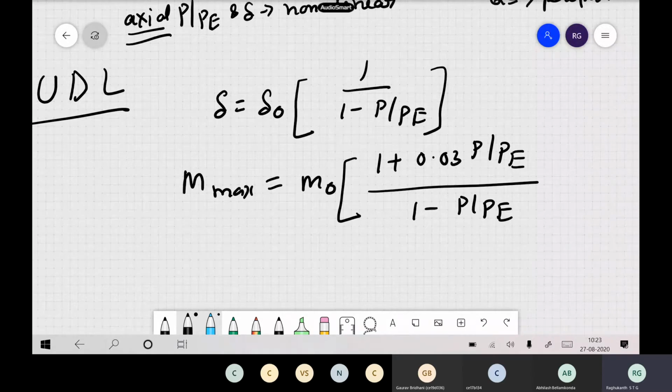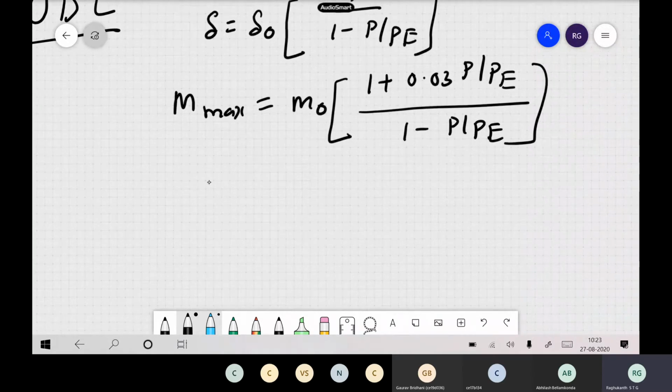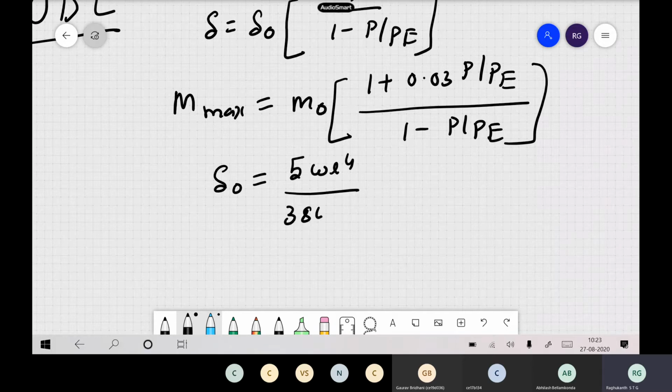Here delta naught is the deflection for a simply supported beam with distributed load, which is 5QL to the fourth by 384 EI, for P equal to 0.